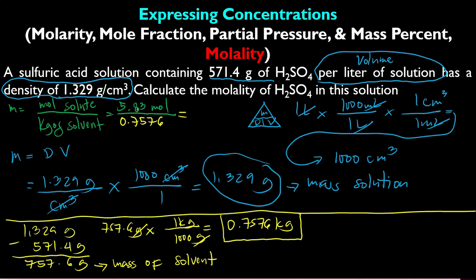So 5.83 divided by 0.7576 will be 7.69 something, so we convert it into three significant figures, and that will be 7.70 moles per kilogram. And that will be our final answer.